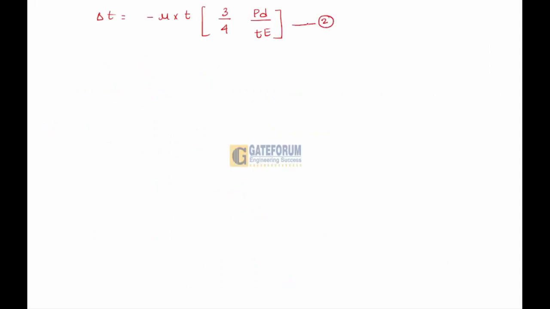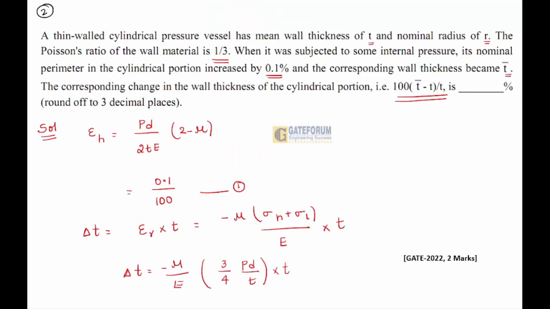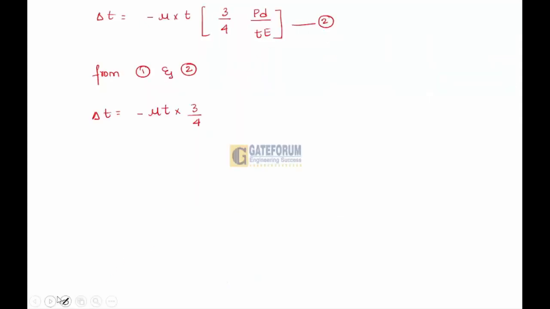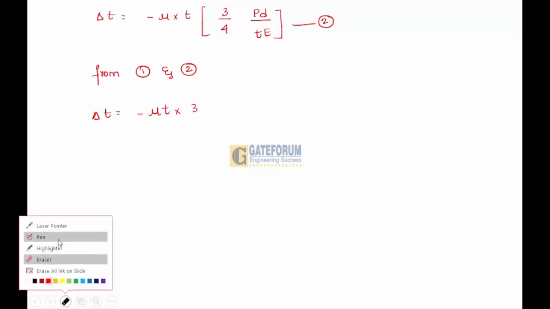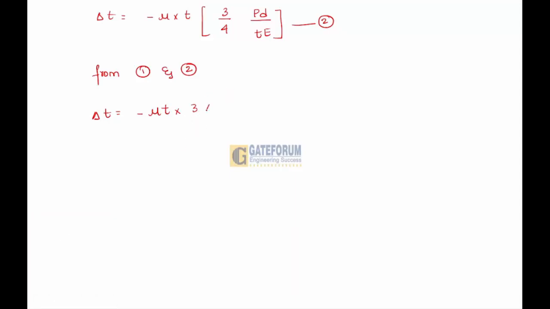Now, from equations 1 and 2, what happens? Delta T is equal to, substituting, minus mu T into 3 by 4, or we can write it as minus 3 into the percentage of cylindrical radius, 0.1 by 100, into 1 by 2 minus mu.